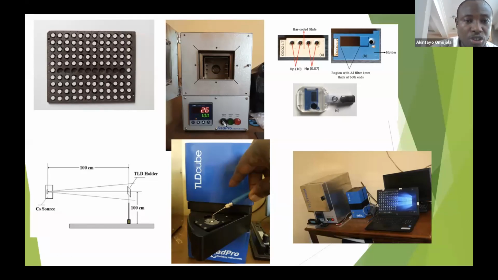Before you start taking any measurement, your chips have to be annealed. In my last class, I told us that in order to anneal your chip, you want to remove residual energy from your chips to make sure that they are back to background, close to background. Tentatively, you can't achieve background.